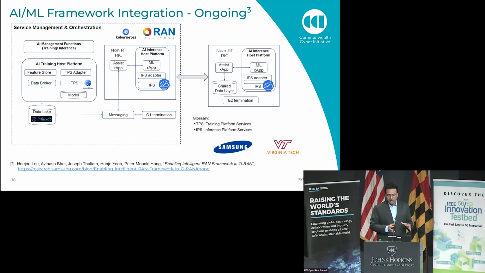But the difference is that the AI inference host platform in the non-real-time rig will host the ML rApp, and the AI inference host in the near real-time rig will have the ML xApp. Then the training is done in the AI training host platform, which has a training platform service based on an open-source software called Kubeflow. And for the data lake, we are going to use InfluxDB, which is open-source software.